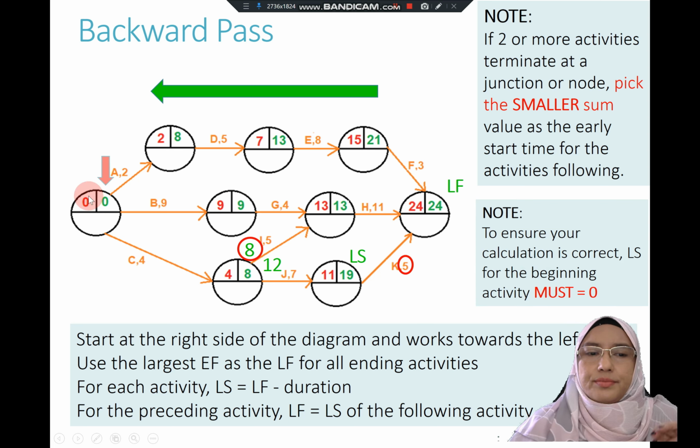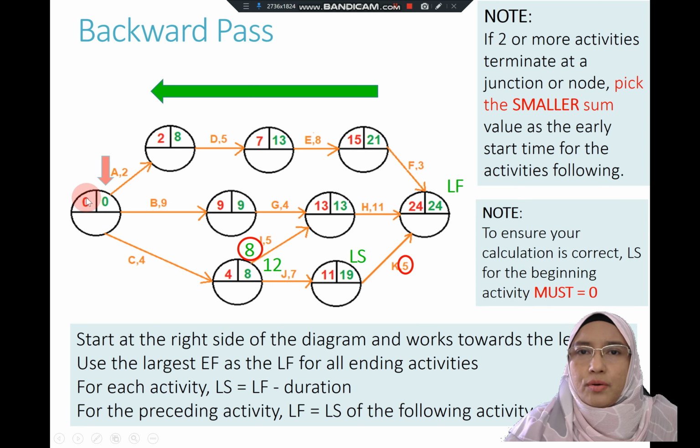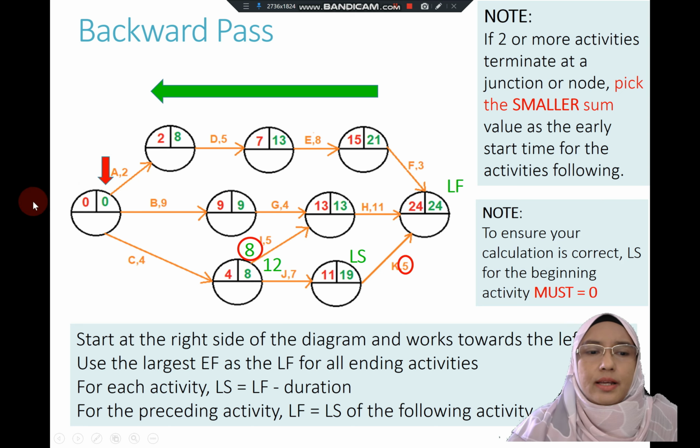Okay, to check whether your network schedule diagram is in a correct calculation, you need to end your backward pass with 0 too. So that is what I mean by start with 0, end with 0.